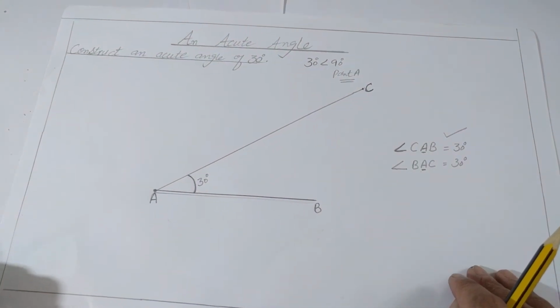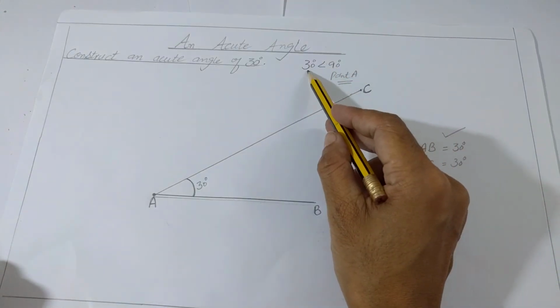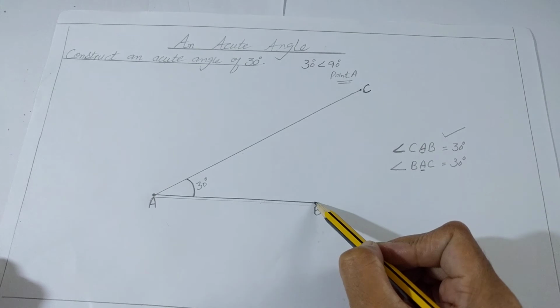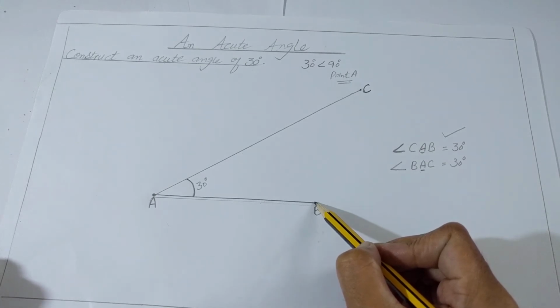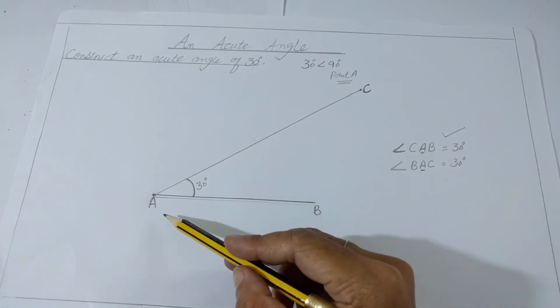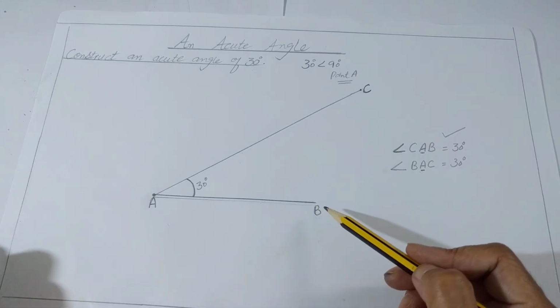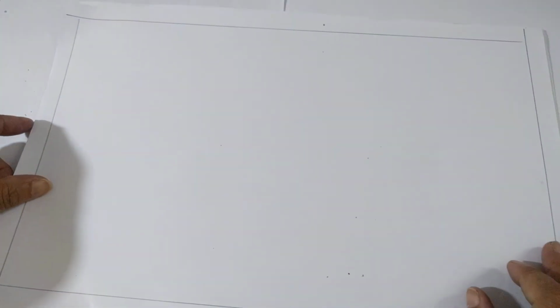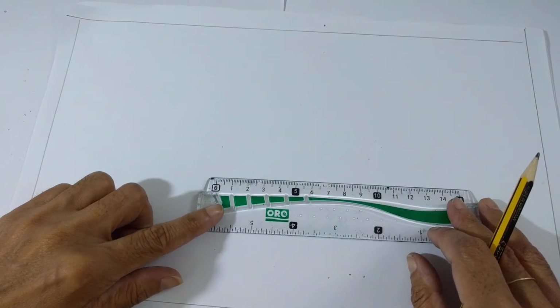Now I will construct the same angle of 30 degree at point B, just to clarify the difference in the use of the protractor at point A and point B. Now I am going to draw the same angle at point B. Same procedure.